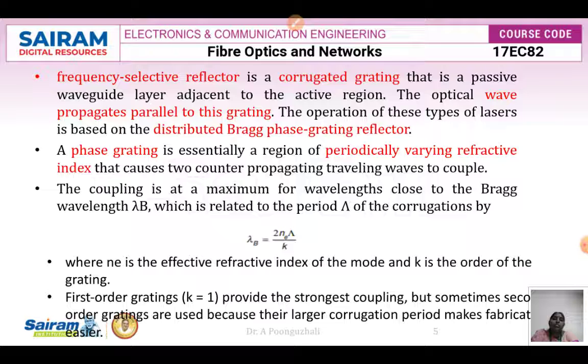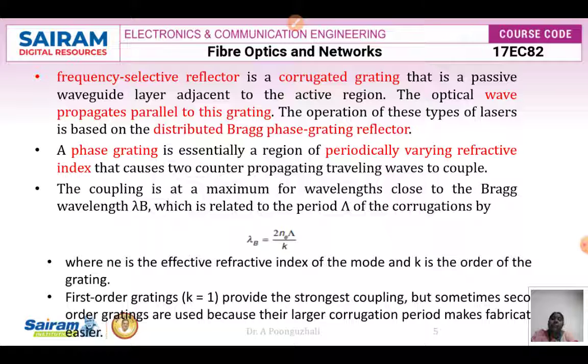The operation of this type of layer is called a distributed Bragg phase grating reflector. A phase grating is nothing but a region with a periodically varying refractive index, which causes the two counter propagating traveling waves to couple.